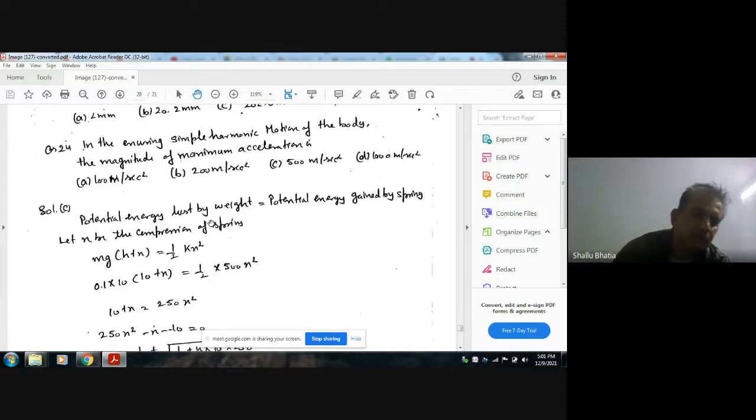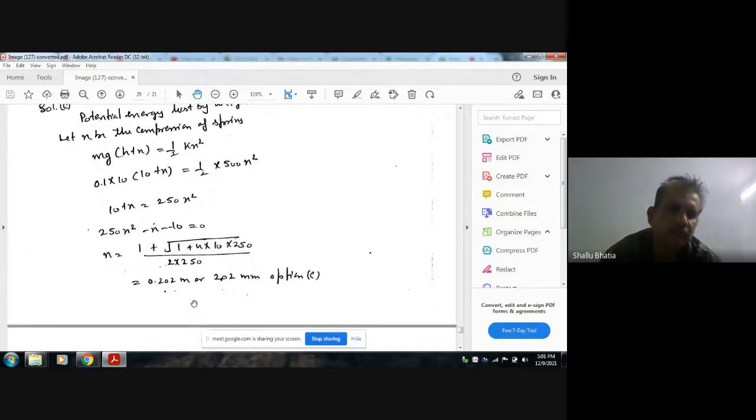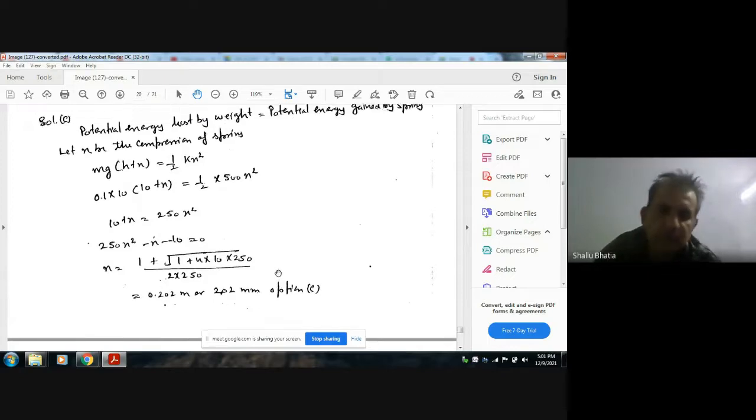If x is the deflection, then the potential energy lost by the mass is mg(h plus x), and the energy gained by the spring is half k x squared. Putting in the values of m, g, and k, we can form a quadratic equation and solve it. So x will be 0.202 meter, or 202 mm. So the option will be C.